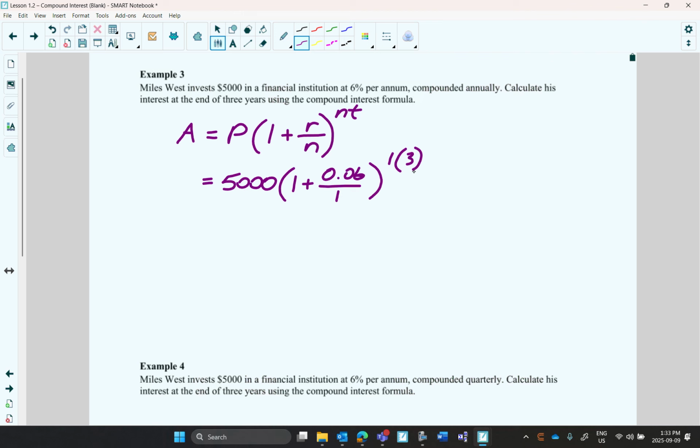So now it's just a matter of doing proper order of operations. So let's simplify what's inside the parentheses first. Well, 0.06 divided by 1 is 0.06. And 1 times 3 is 3.